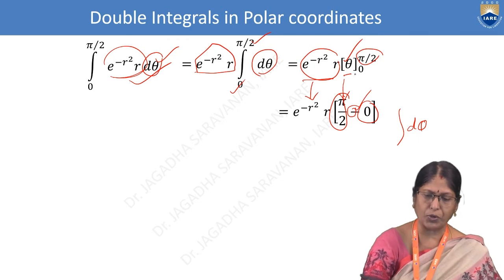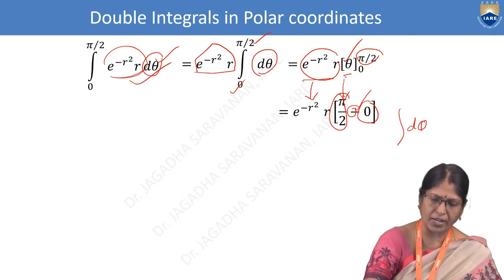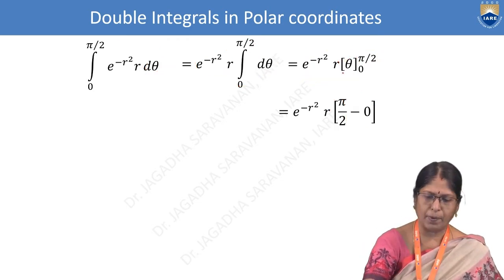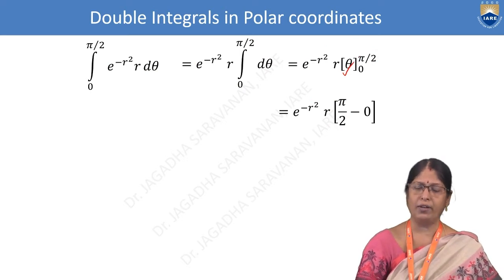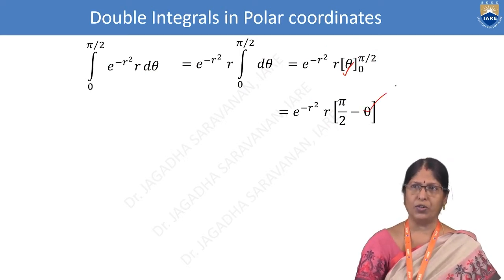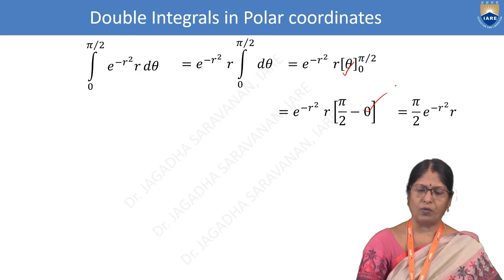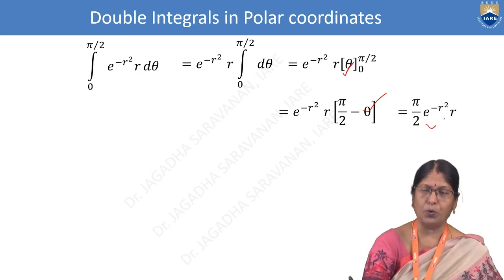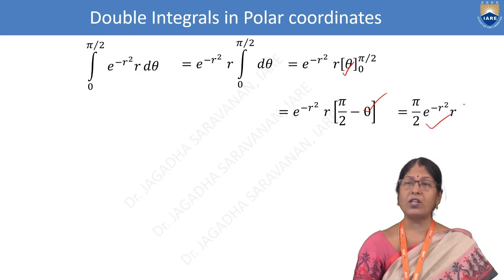The lower limit is 0, and in the place of theta we substituted 0. Finally, we got pi by 2 e power minus r square r.